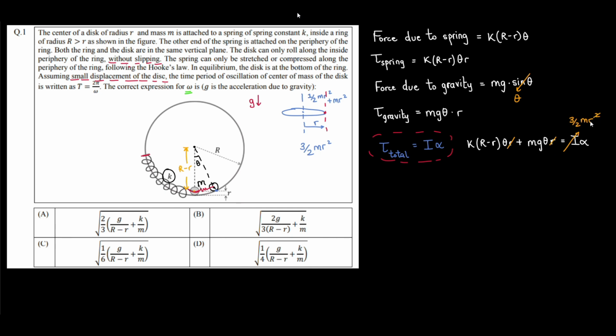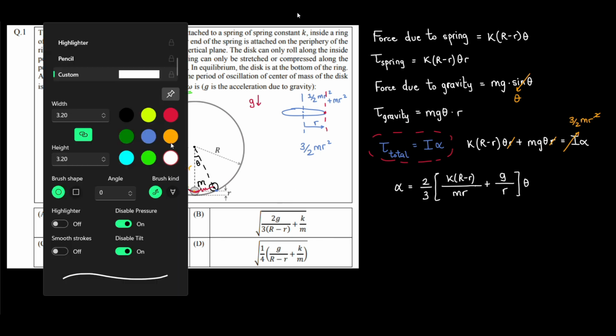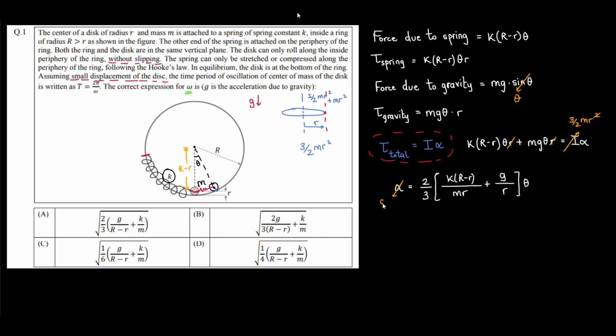Cancelling r's from both sides and taking 3 by 2 mr to the other side, we can write alpha is equal to 2 by 3 into (k into (R minus r) by mr plus g by r) into theta. Now we can replace the angular acceleration of disk about its instantaneous point of rotation with the linear acceleration of the disk divided by radius, small r.